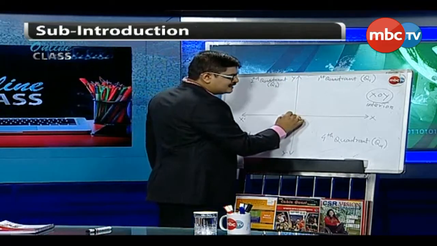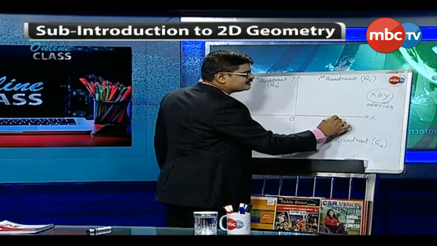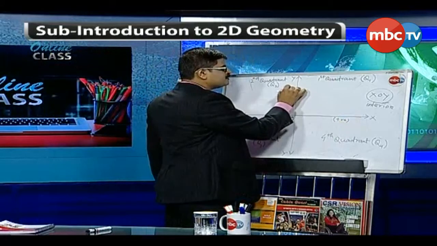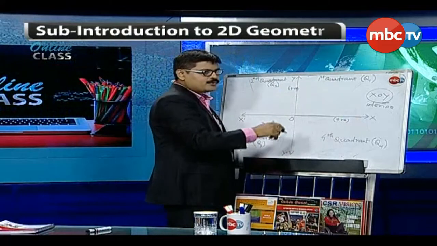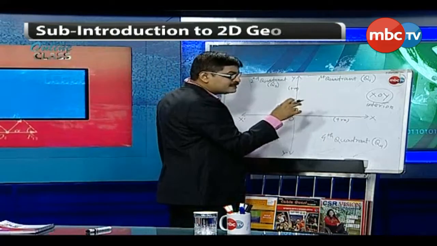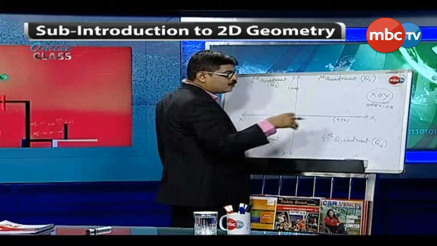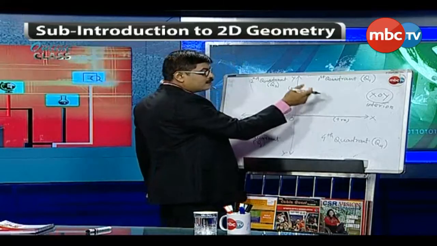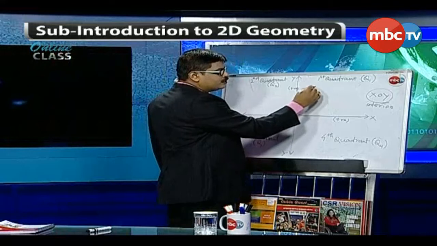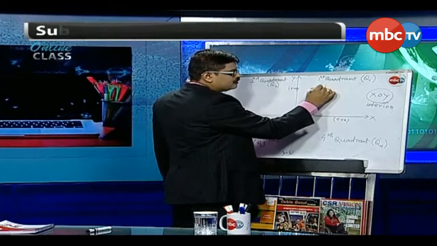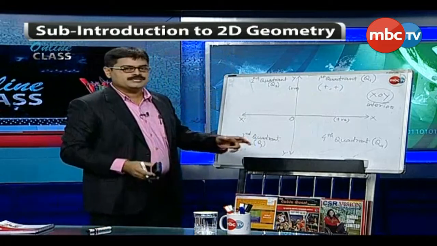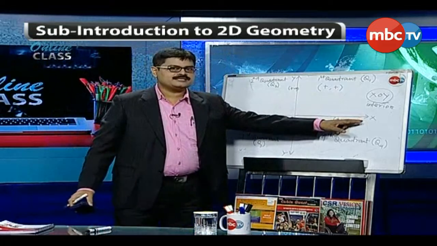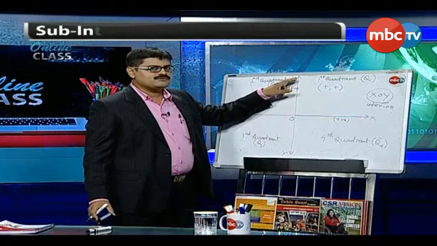Now, as this is the positive side of x axis and this is the positive side of y axis, in first quadrant if you locate a point, what about the sign of the coordinates? How we locate a point we will discuss. Here x coordinate and y coordinate both are positive, because ox is the positive direction, oy is the positive direction of y axis.